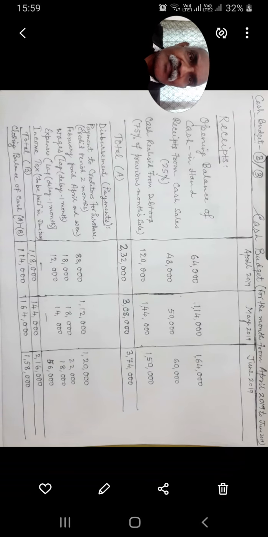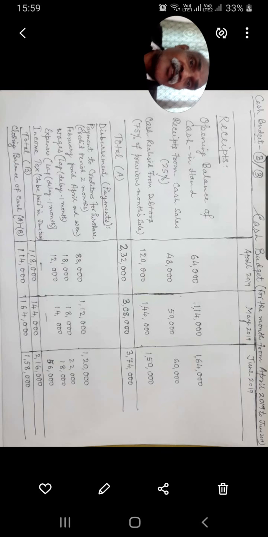Clear? Now you see. Cash budget is the detail of cash receipts and cash disbursements. In cash receipts, what I discussed just now, there are factors, that is opening cash balance, that is cash in hand.